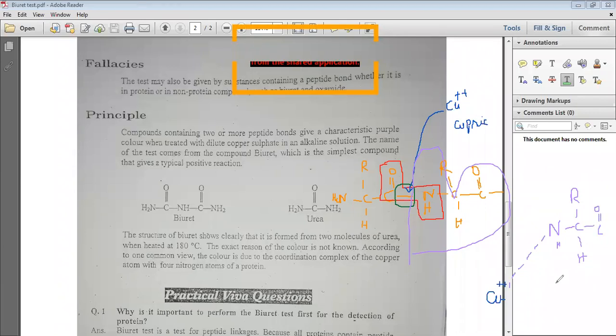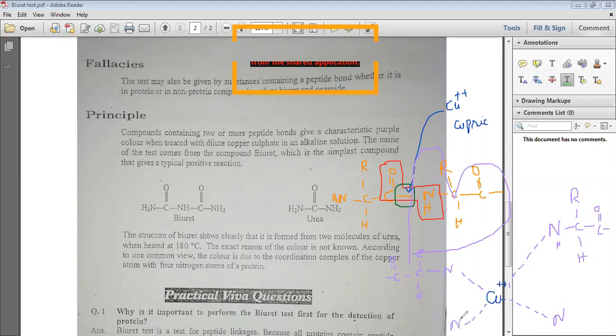In the same way, another peptide bond would break and it would make an interaction here, and it is further attached with the remaining chain. In the same way, another peptide bond would break and interact with the cupric ion, and in the same way, another one would break.